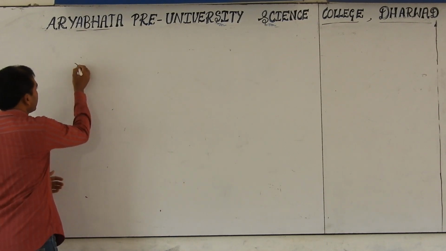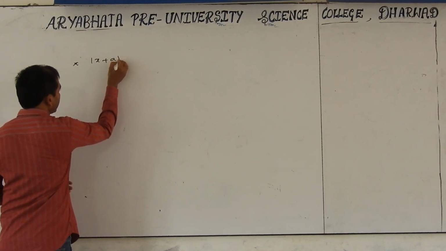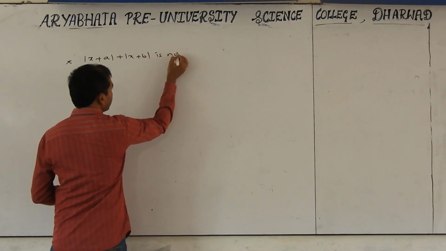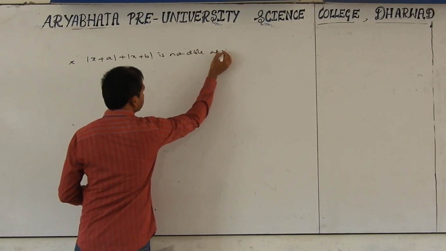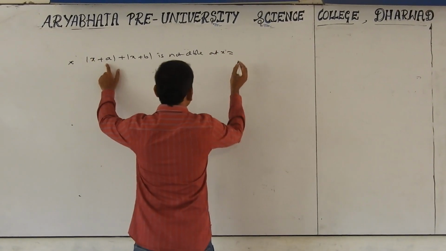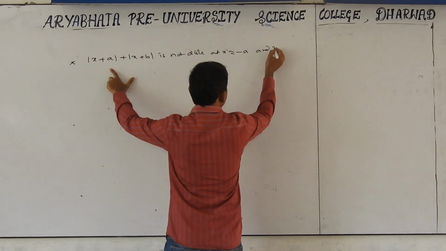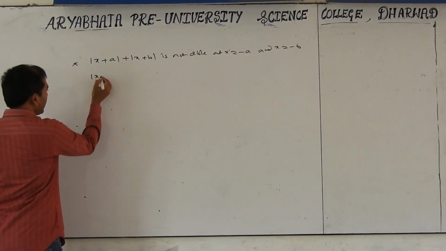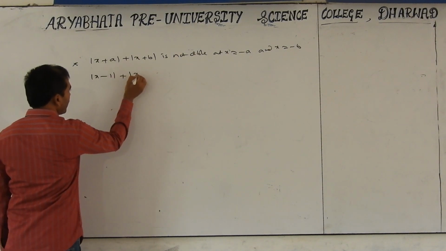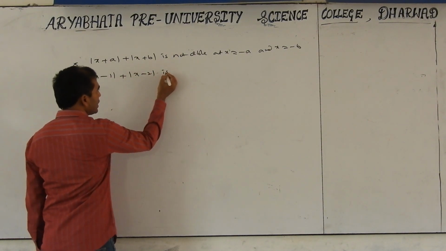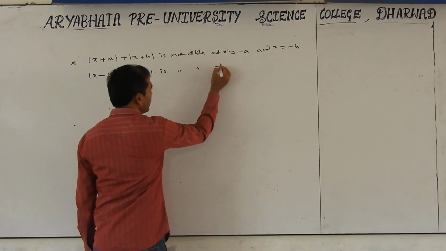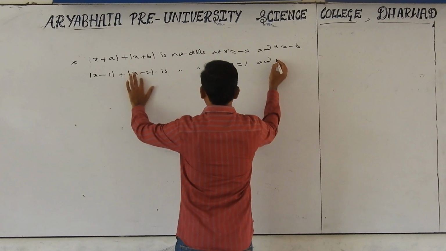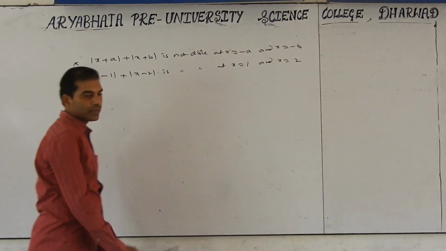So general form here, the mod of x plus a plus mod of x plus b is not differentiable at x equal to minus a and x equal to minus b. Mod of x minus 1, mod of x minus 2 is not differentiable at x is equal to, tell me, 1 and x equal to 2.